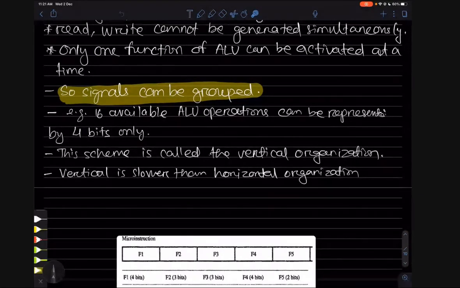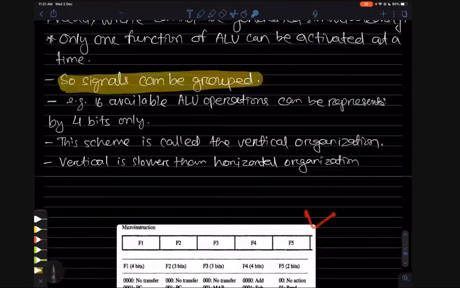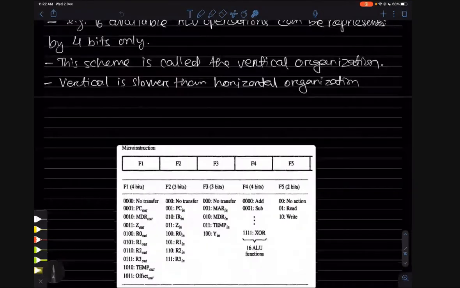The horizontal organization is faster, because vertical organization will require some decoder to decode this code.